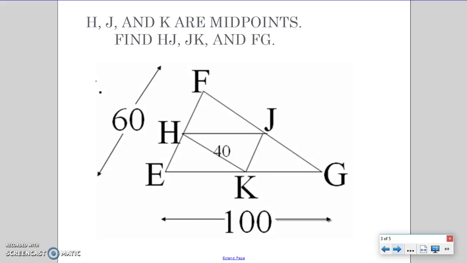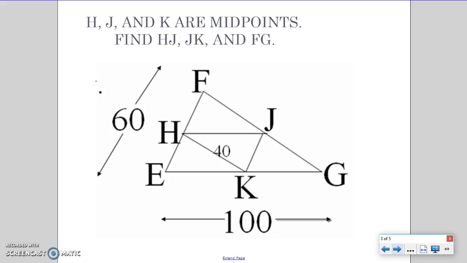Okay, so here's an example on how we could be presented with a triangle that deals with midsegments. So they say that H, J, and K are all midpoints of their respective sides on the triangle. So I know that EH and FH are congruent pieces.